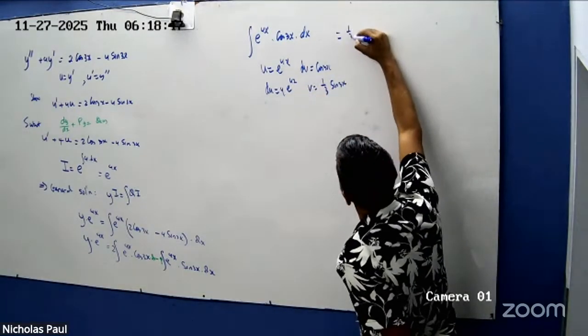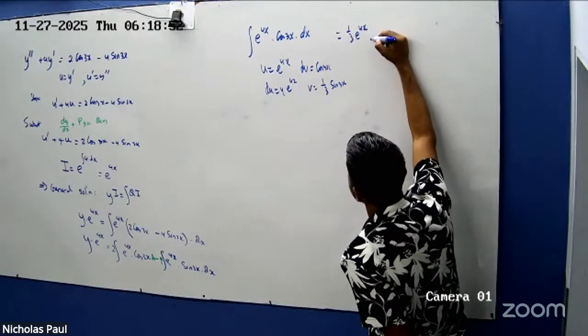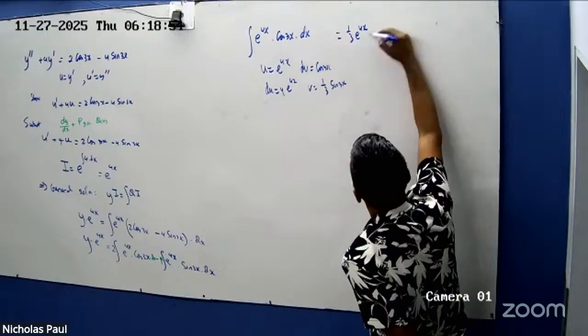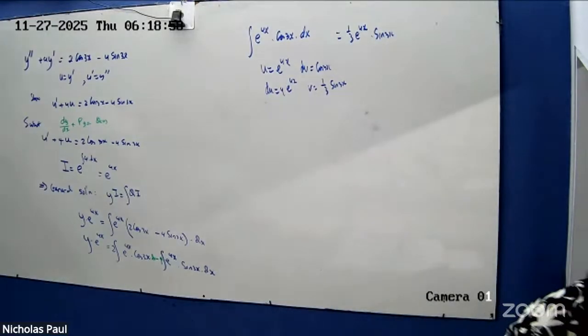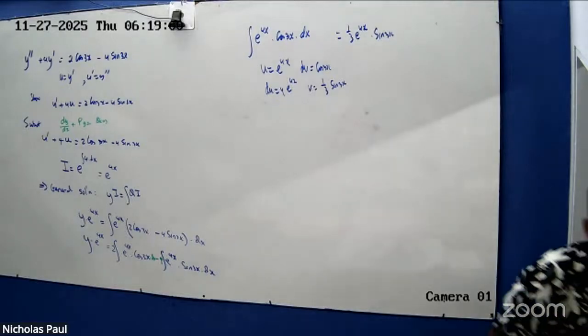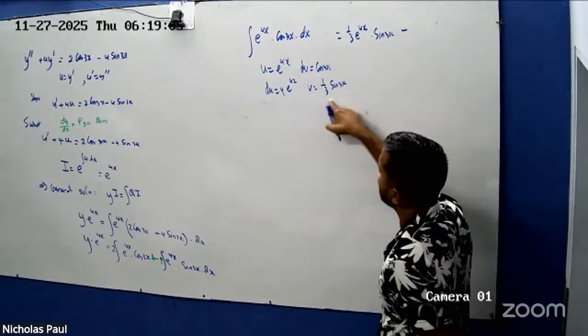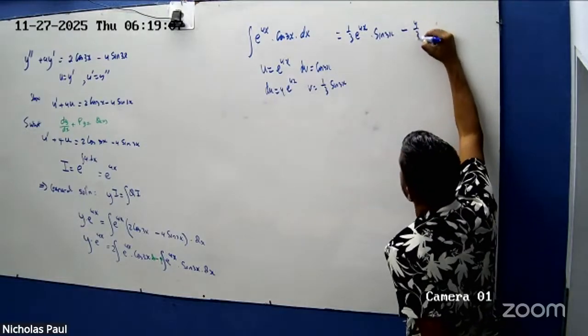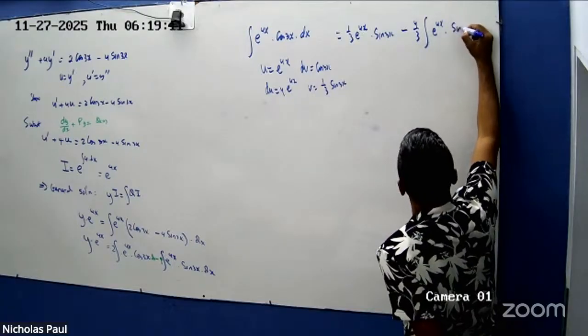You'll end up with 1/3 e to the 4x dot sine 3x minus du by this. So I got 4 on 3 by the integral of e to the 4x dot sine 3x.